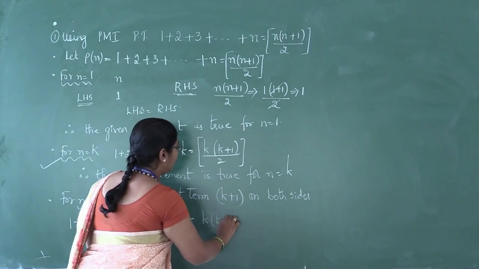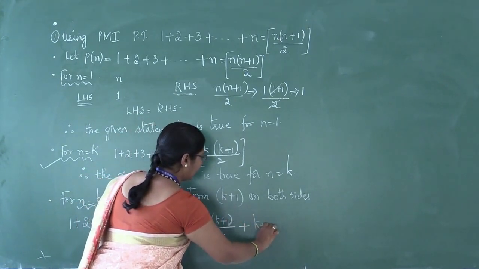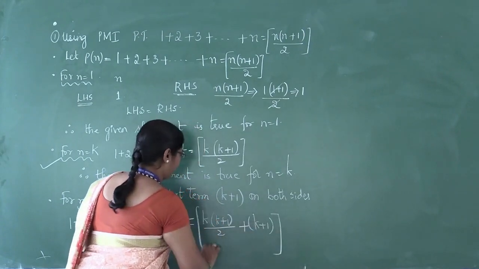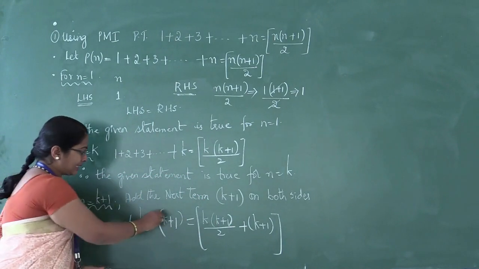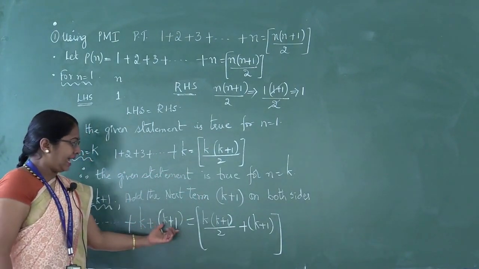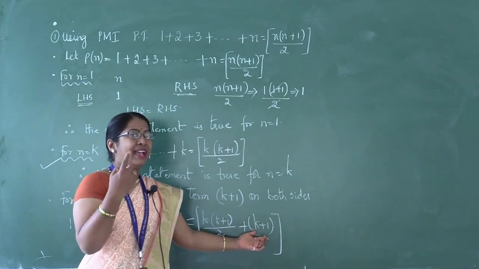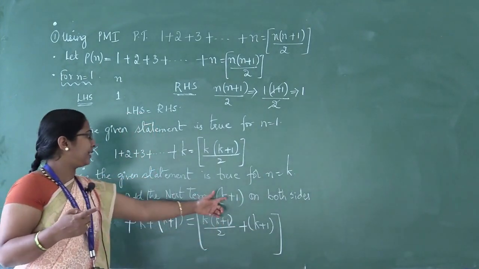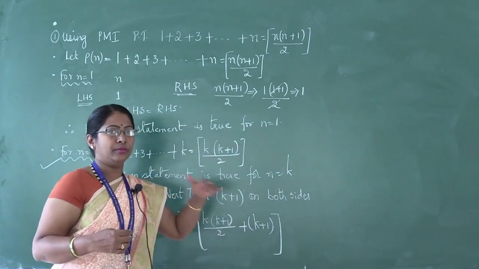K into k plus 1 divided by 2, plus k plus 1. Observe here, I have added k plus 1, that is the next term, on LHS, as well as on RHS. I have added the next term on both the sides, LHS and RHS. Is that clear now? Next.